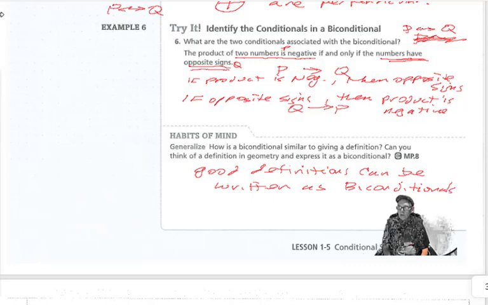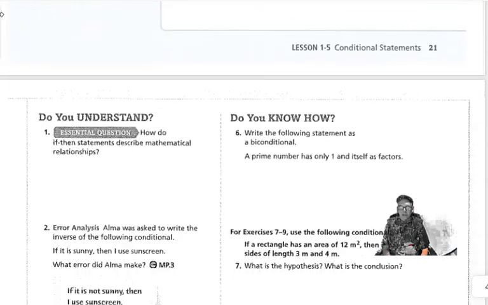So I'd encourage you to think of some definitions and then think about the if part and then part, and then swap them around and see if they aren't true in either order that you think about them. Good definitions can be written as biconditionals.